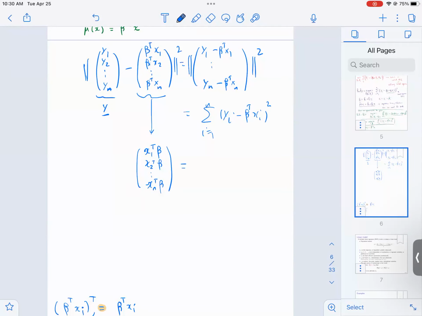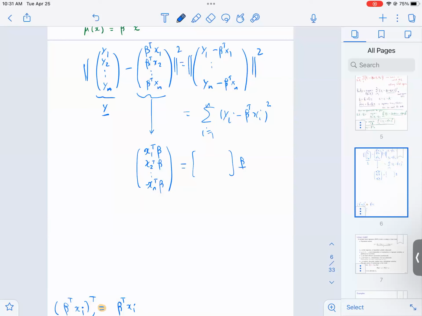And then I want to write it in a form like this, a matrix times beta. There's going to be only one row with p entries.